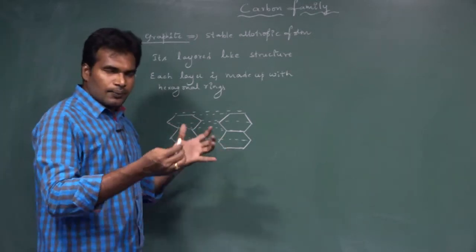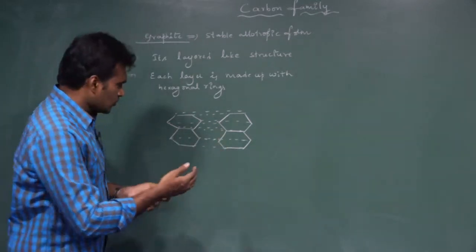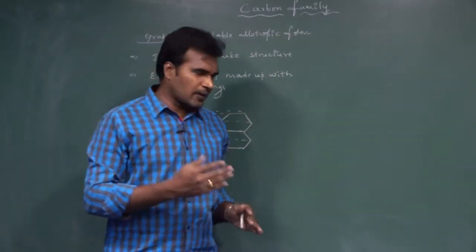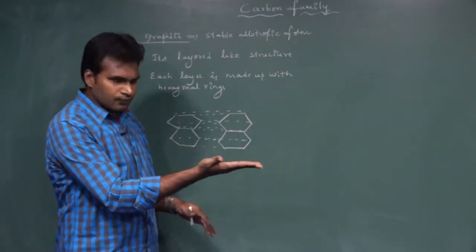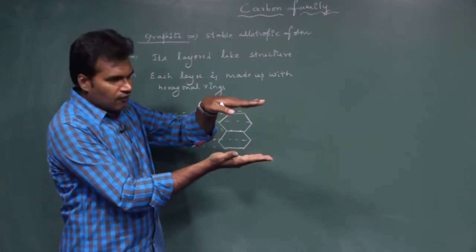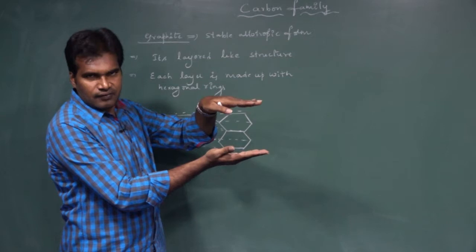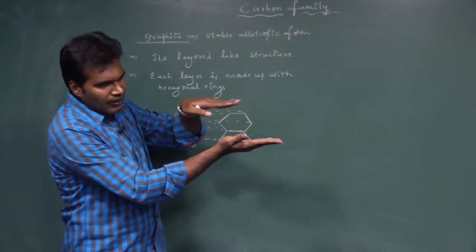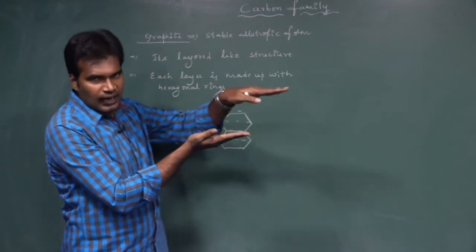Okay, so because of these van der Waals interactions, one layer can easily slide over another layer. Because of weak van der Waals interactions, one layer can easily slide over another layer.